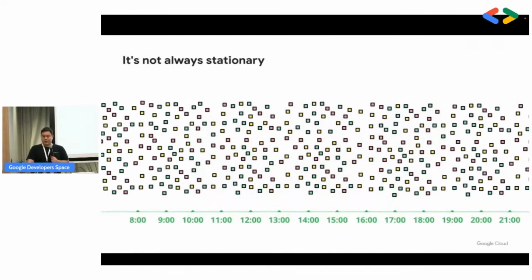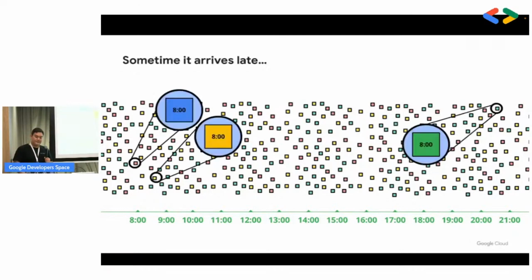How are we going to differentiate? Recently there's also a trend of streaming data. The performance and technology are so advanced that we can now use streaming data to analyze things. It's not just static data, so the data is not always stationary. Sometimes it arrives late because of network traffic, or because your phone has no internet, so it waits until you have internet to send it to the server.